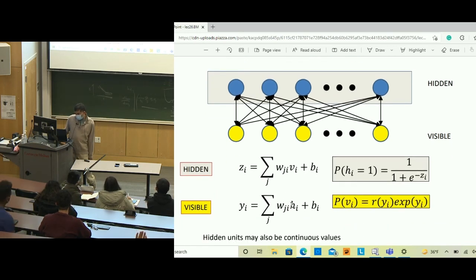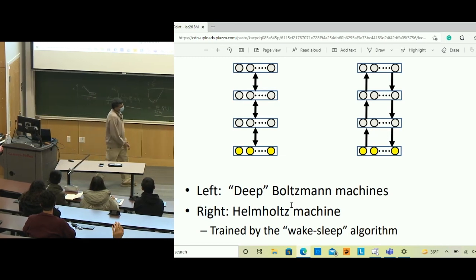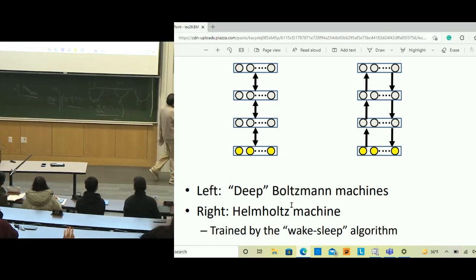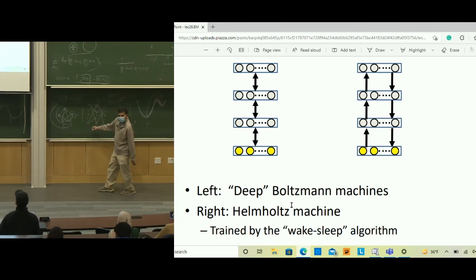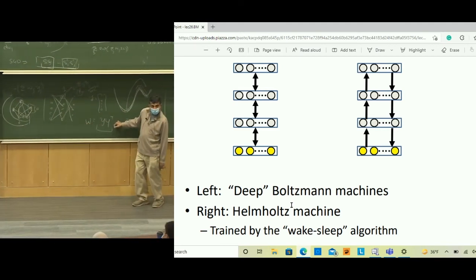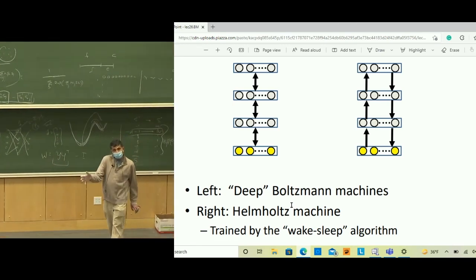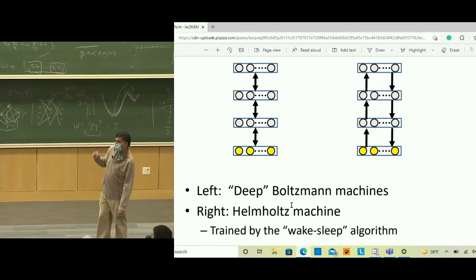There are extensions like continuous valued Boltzmann machines, and instead of having the same weight over and over again, you can say that I have a sequence of 10 weights, and then the entire block repeats, and then the entire block repeats, and then the entire block repeats. So you can have different structures that give you different kinds of machines.